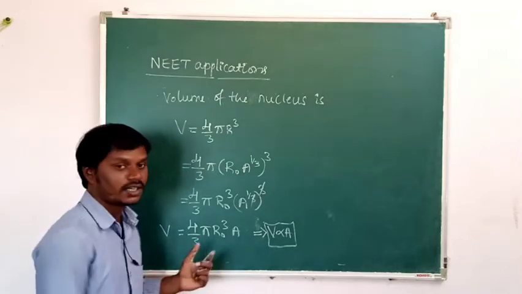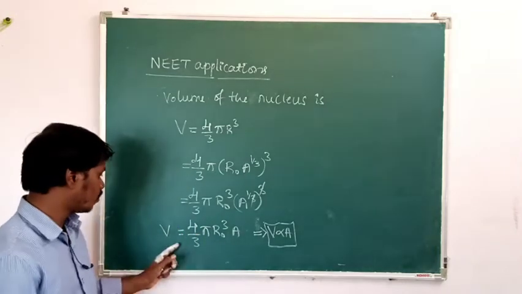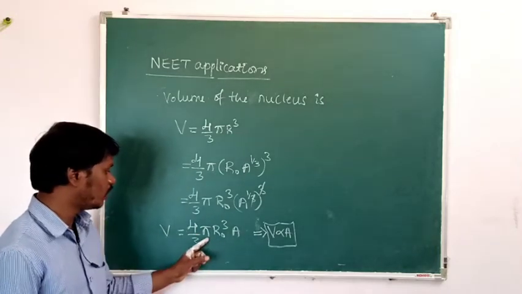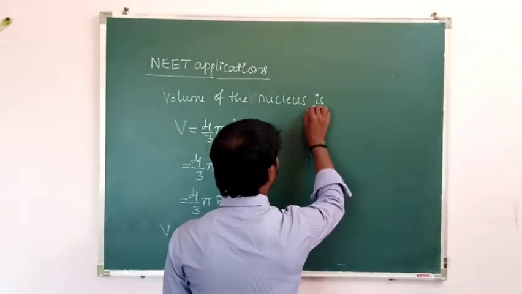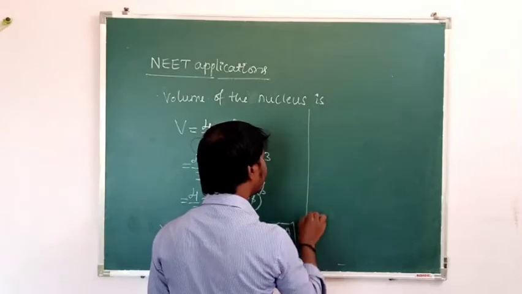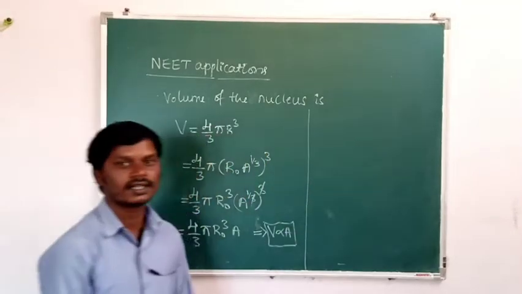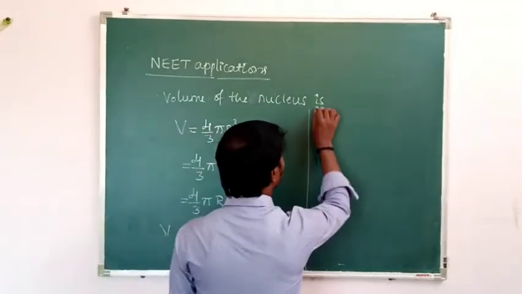And how to find the volume of a nucleus? By using this formula, that is 4 by 3 pi into r naught cube into A. Then we are going to find the ratio of volume of two nuclei having the mass numbers A1 and A2.